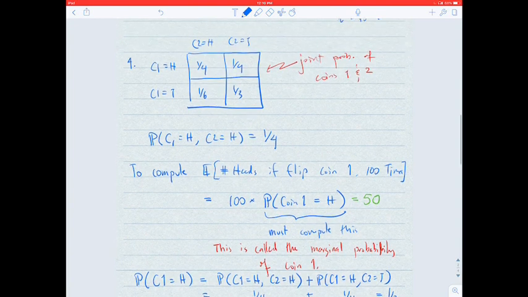So to remember where we are, question 4 asked, what is the expected number of heads if we flip coin 1 100 times? This was 100 times this marginal, that probability of coin 1 equals heads, and this is what we needed to compute. Okay, so we did that. Let's go on to the next question, question 5.